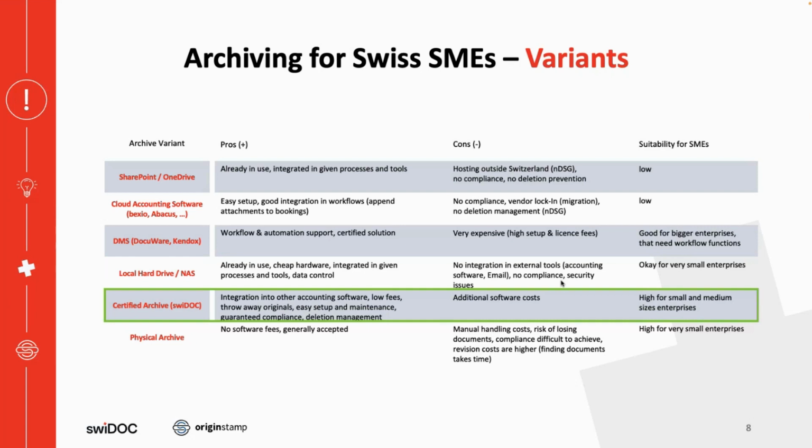And also it's very, very expensive. Usually we have starting packages at 150 to 200 francs for document management systems. And I think I don't have to rephrase that this is simply too much for a small enterprise just for the archiving system to handle.